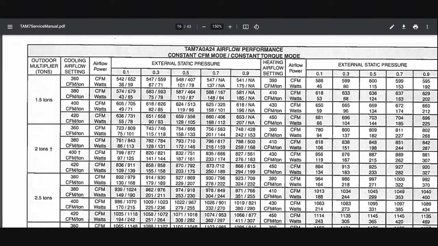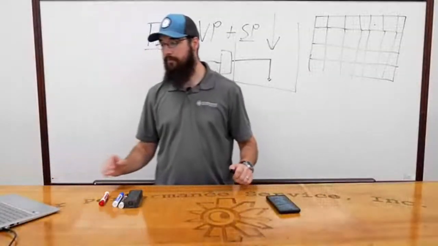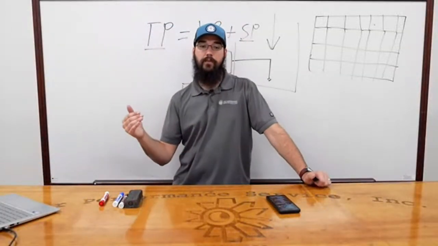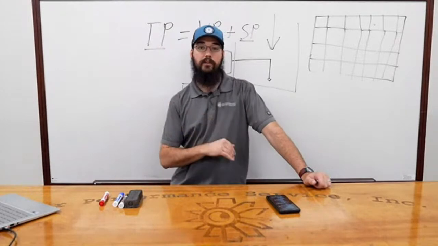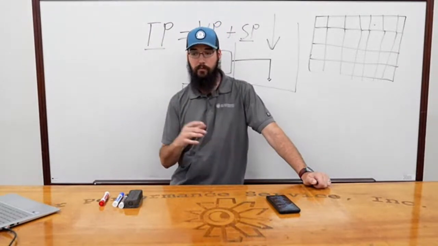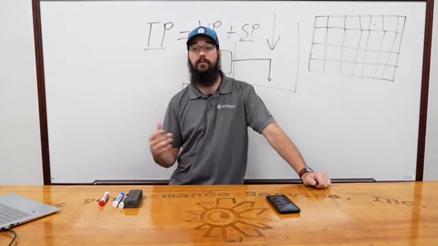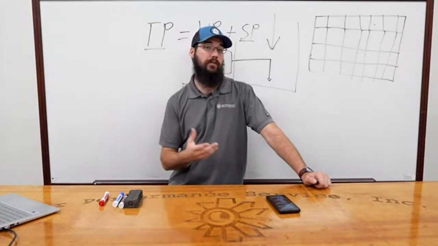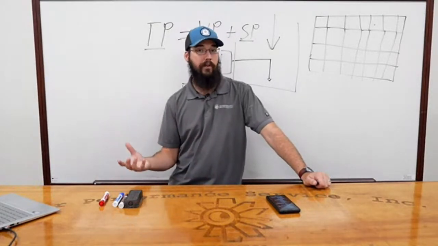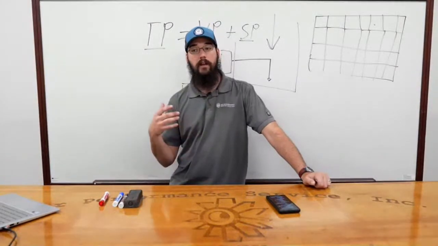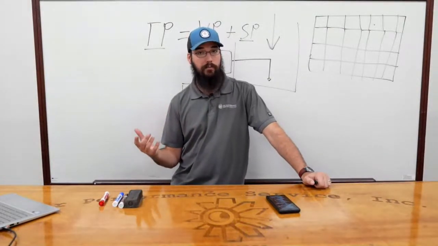There are new standards coming out, and I need to preface with that too, because we have to be careful with some of these new standards. From what I've seen, we're going to find ourselves having to maintain lower external statics, and it looks like it's coming down. With older systems, you might have gotten away with 0.5 external static, and on some of these newer systems, 0.5 probably isn't going to cut it.